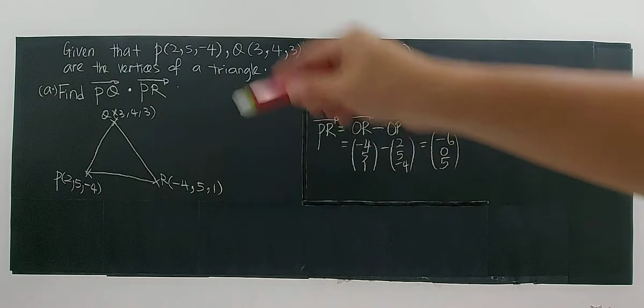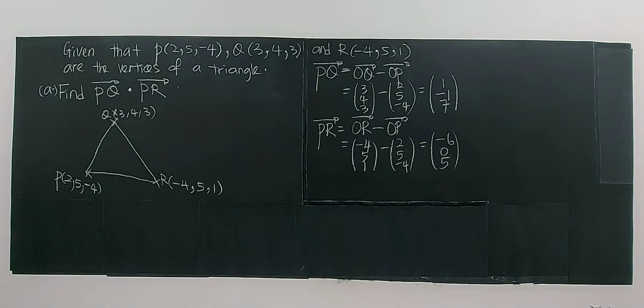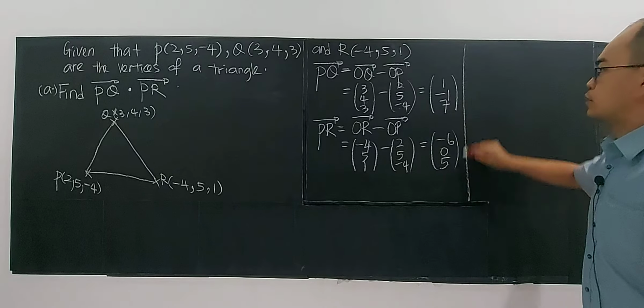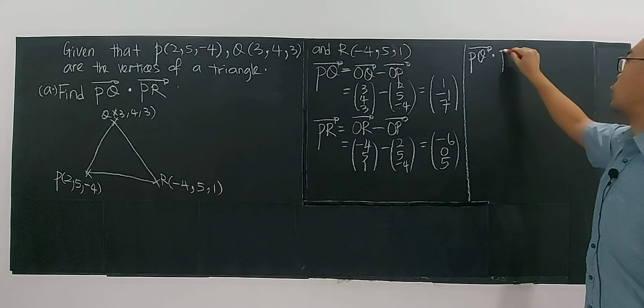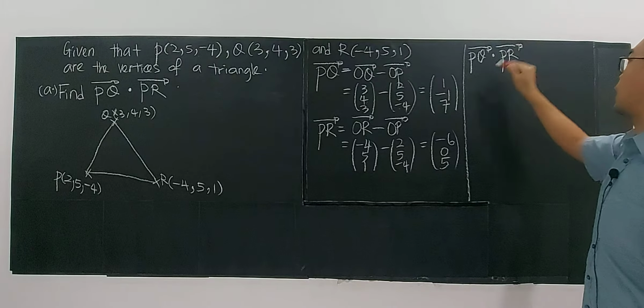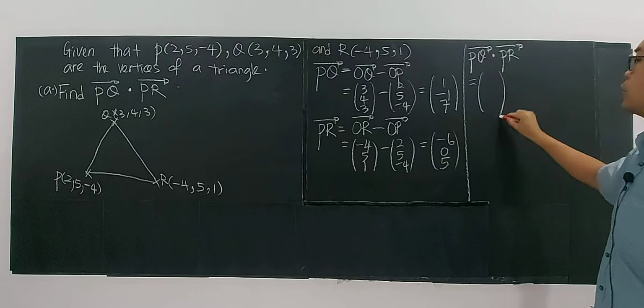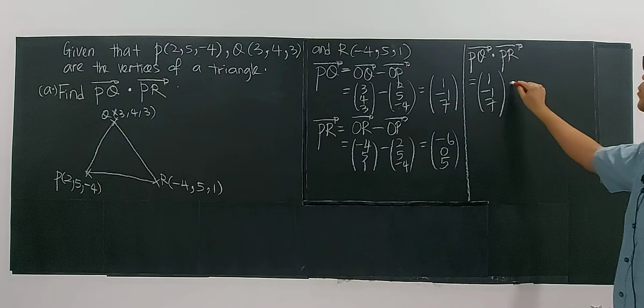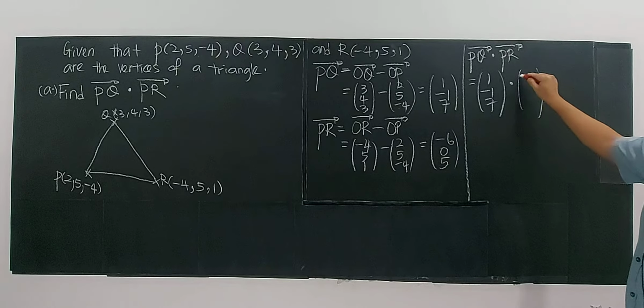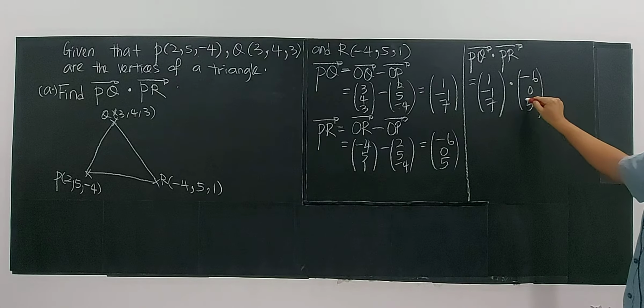Now you have to find the dot product between these two vectors. PQ dot PR is 1, -1, 7 dot -6, 0, 5.